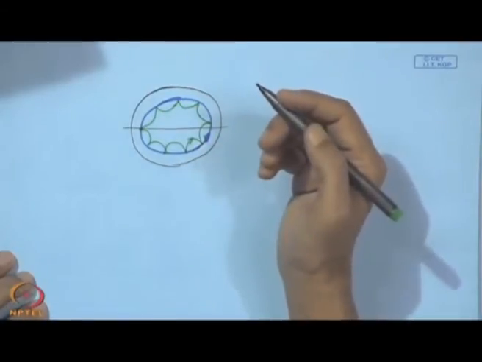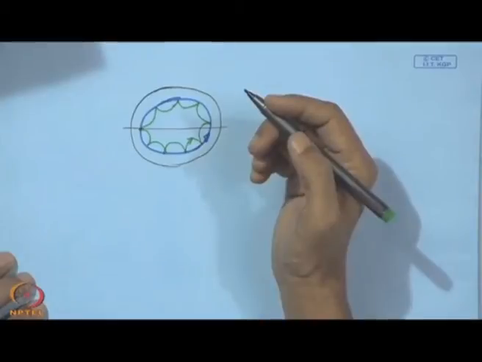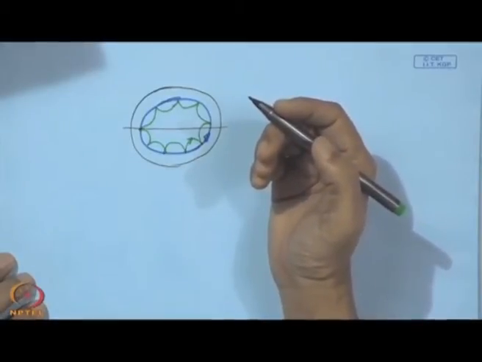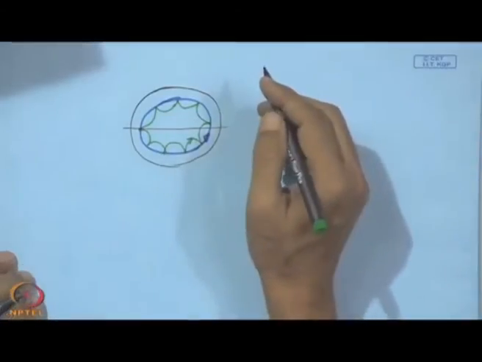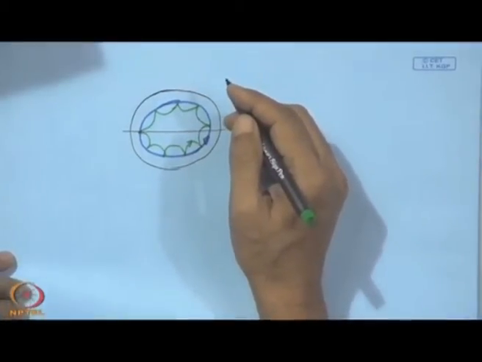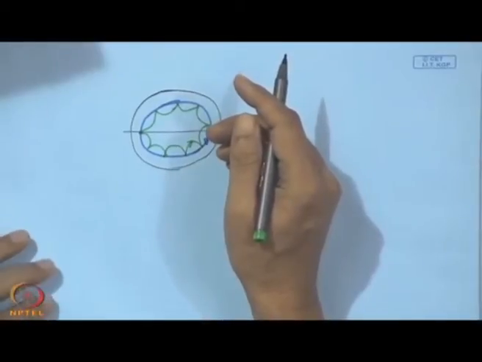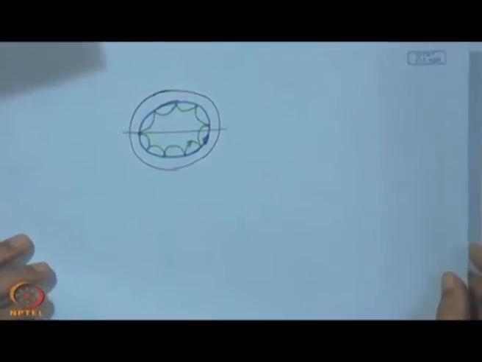As a result it becomes more efficient, and chances of ionization of these neutrals will be more. This is just one circular plate, but we can also have a cylindrical magnetron.